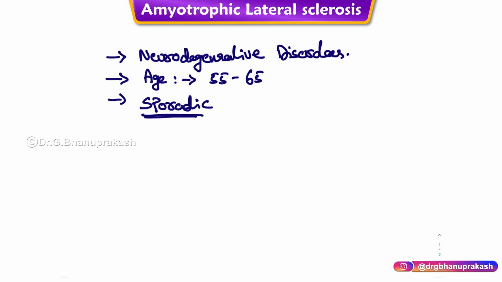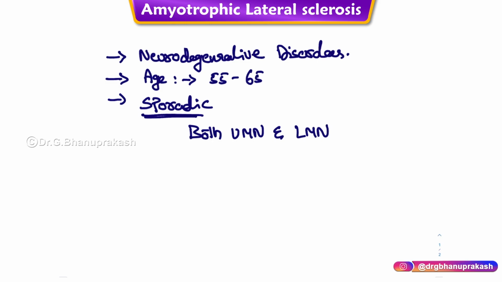One of the very important hallmark features of ALS is that this condition has both upper motor neuron as well as lower motor neuron manifestations.